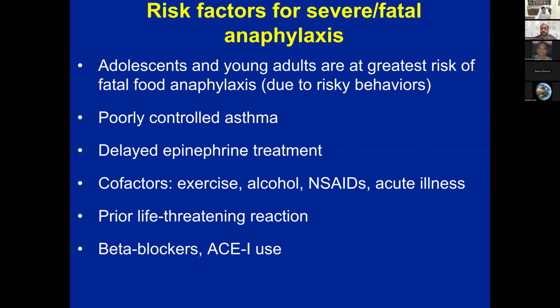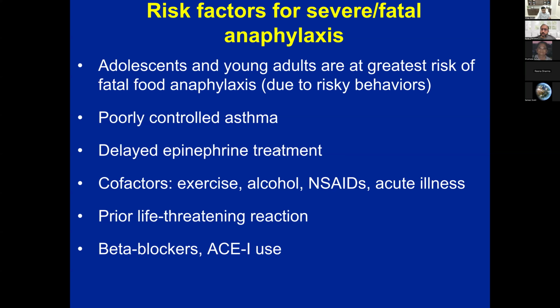So generally we don't do a skin prick test very close to an episode of anaphylaxis because you may have depleted your mast cells, and that's why they don't respond. So you generally wait 4 weeks and then you do it. Alternatively, you can get in vitro blood tests, which you can get anytime. It's not dependent on your mast cells, because all it's detecting is the presence of IgE in the serum.